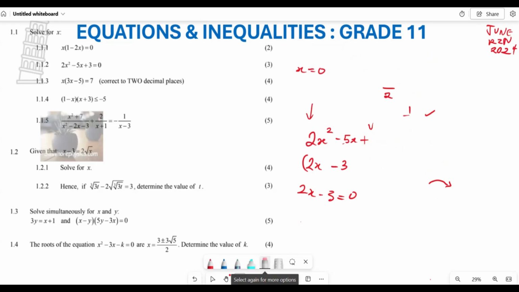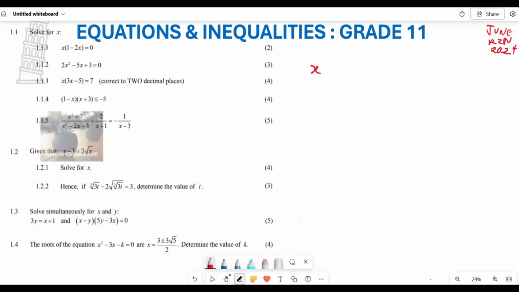Now, what do we have here in terms of solving? Let's start. In 1.3 you have x into, so this is the same as 3x subtract 5 is equal to 7, right?